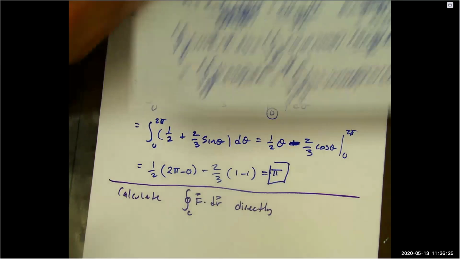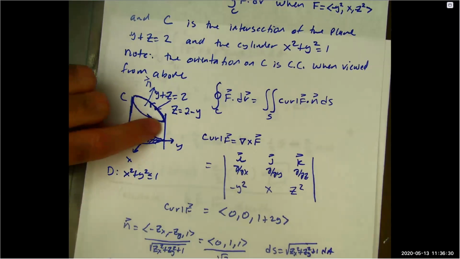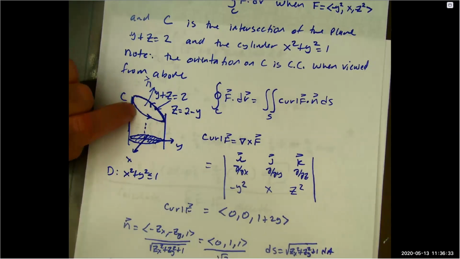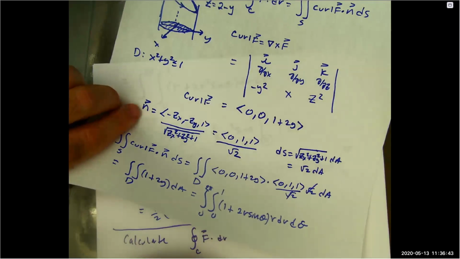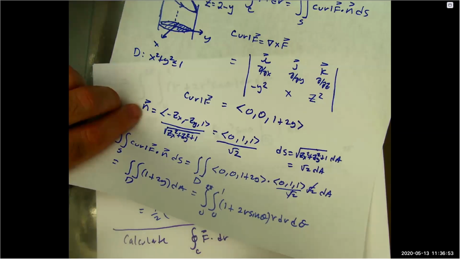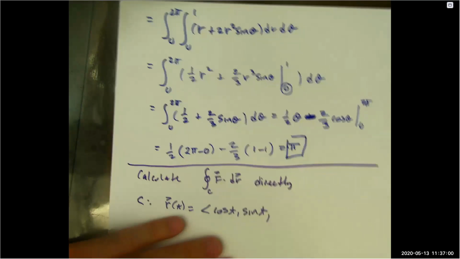And in order to do that, we need to somehow parameterize this curve. So we need to think, well, how could we describe that curve? We know it lies directly over the unit circle. So for C, r of t has an x component of cosine t, and then the y component is sine of t. But then we need to find a way to get the z component.